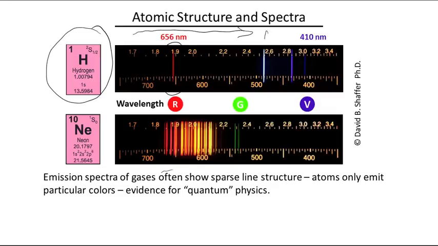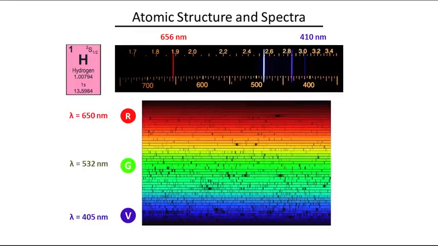And down below is the spectrum of neon, more complicated, but as you can see, it consists of fairly well-resolved, quite sharp lines, rather than the sort of rainbow feature that we see for dispersed sunlight. Now, as it happens, the emission lines that are observed in low-density gases often correspond to the absorption features in the sun.